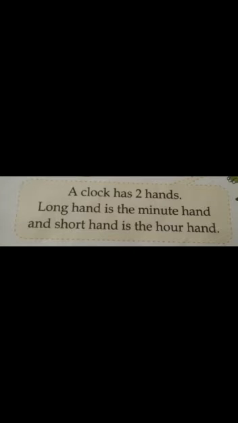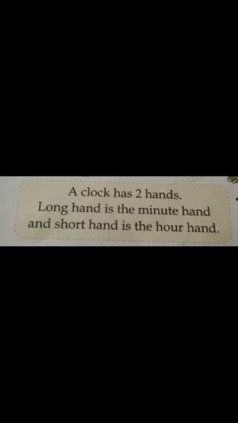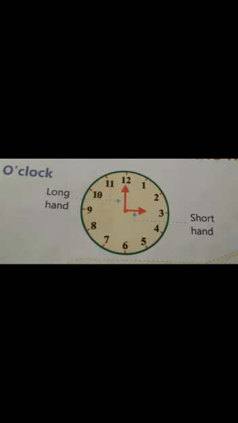As we have seen, a clock basically has two hands, one long hand and a short hand. The long hand is the minute hand and the short hand is the hour hand. In this given clock, the hour hand or the short hand is at 3 and the minute hand or the long hand is at 12.